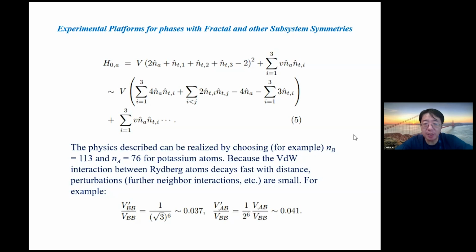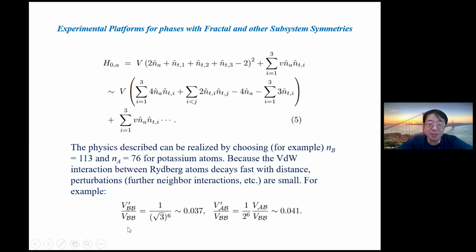Because the van der Waals interaction between Rydberg atoms decays fast enough with the distance, this is only the nearest neighbor interaction, but there will be perturbations on top of it coming from the relatively longer range tail of the van der Waals interaction. That interaction is not going to be very big.